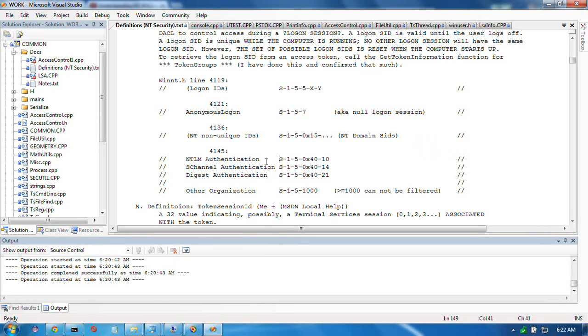But whatever. Oh, here it is. It says so. Other organization cannot be filtered. I don't know what that means. I wonder why.